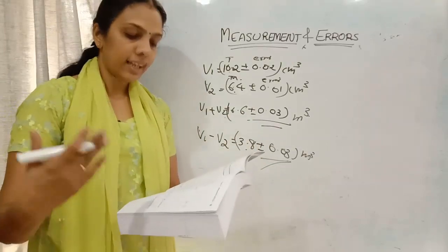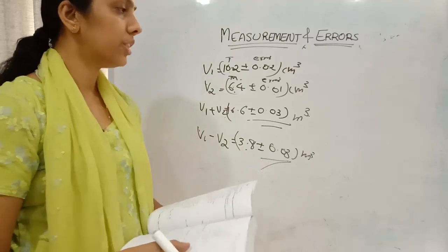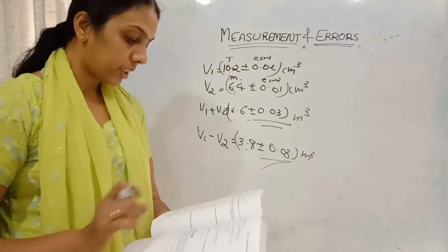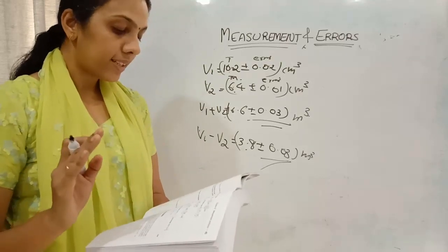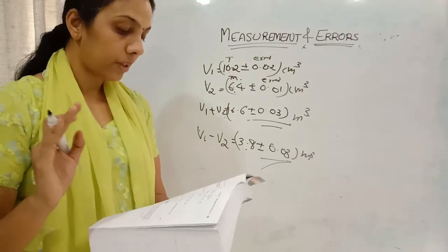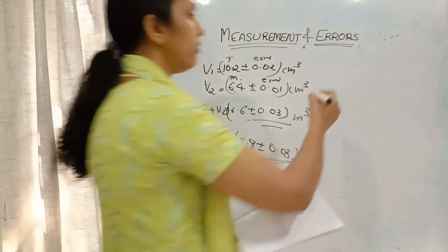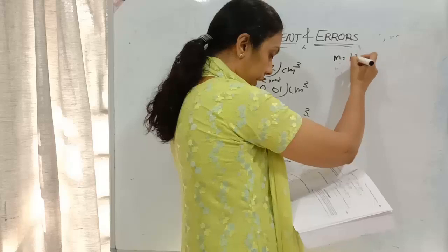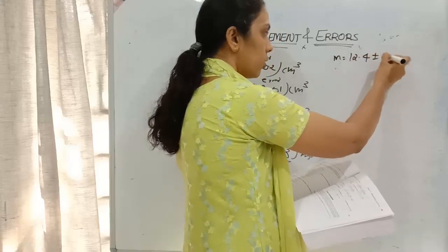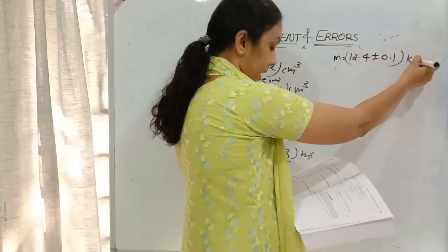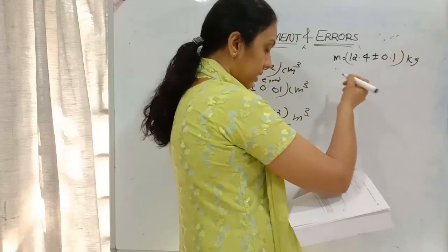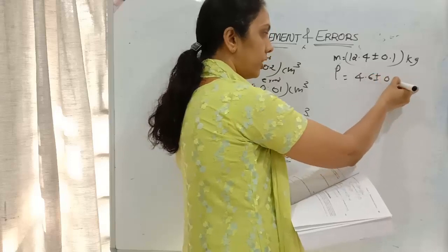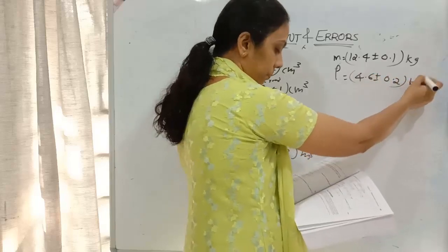Then in the case of division and multiplication, how will we do it? Okay, next one, finding out the errors. Mass and density of a solid sphere are measured to be: mass is 12.4 plus or minus 0.1 kilogram, and density is 4.6 plus or minus 0.2 kilogram per meter cube.